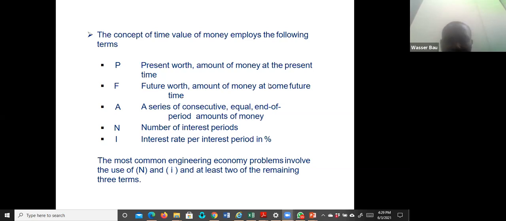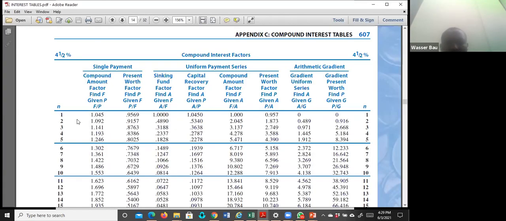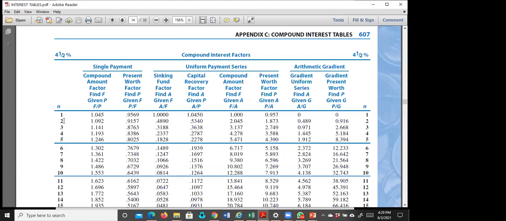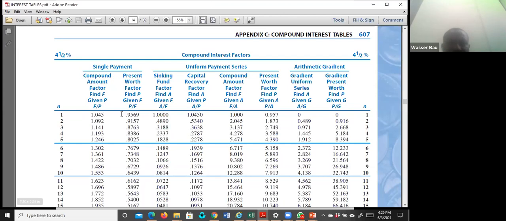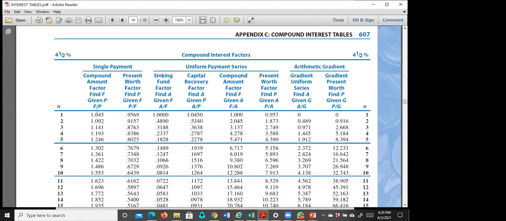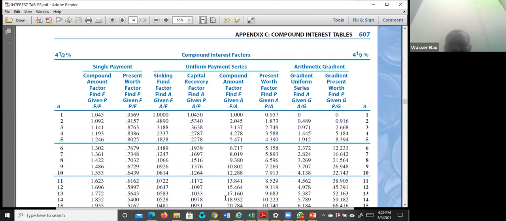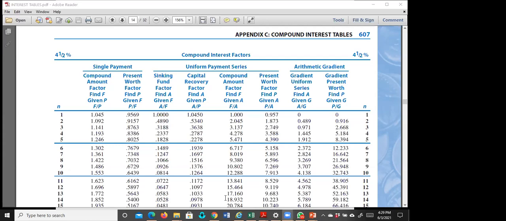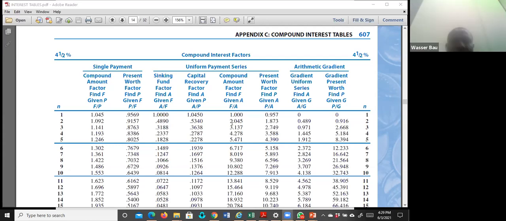So now, back to the interest table. You can see my screen, of course. This is the N. Now, are we together?